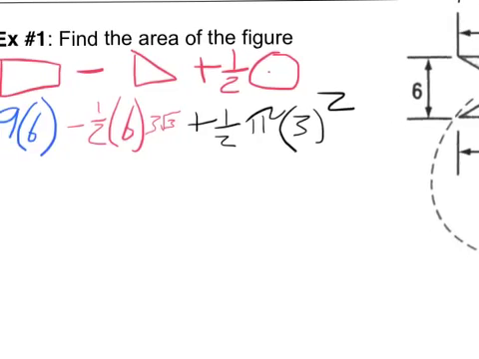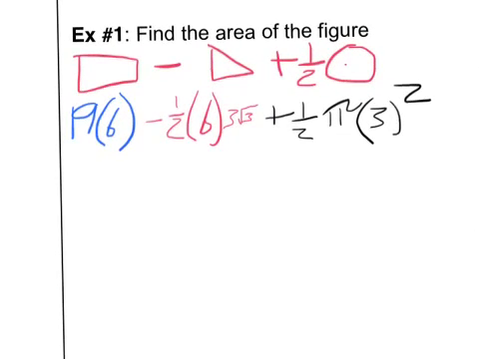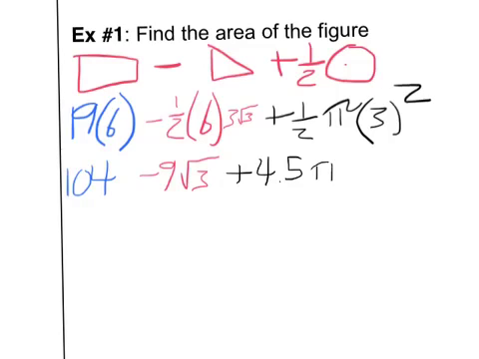Okay. Now we just need to simplify this down. So 19 times 6, I believe that is 104. 1/2 times 6 is 3, and 3 times 3 is 9, so this is minus 9 rad 3. And over here, I have 1/2 of 3 squared. Well, 3 squared is 9, and half of 9 is 4.5, so I could write plus 4.5 pi.